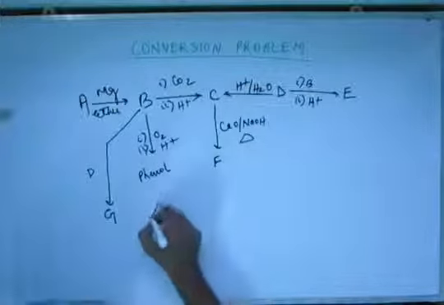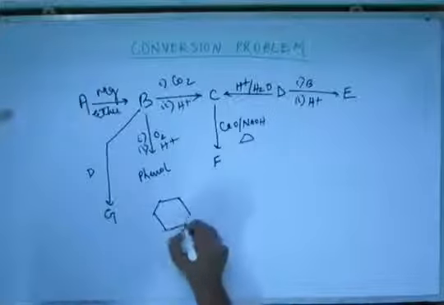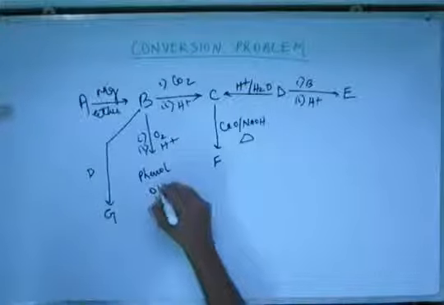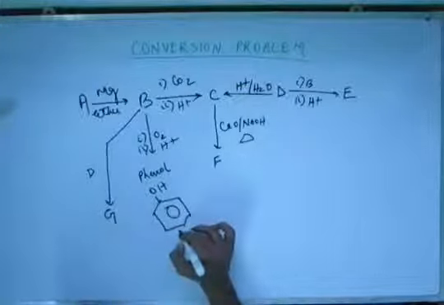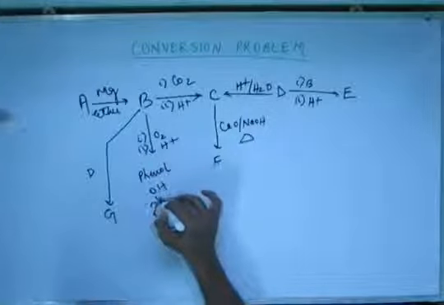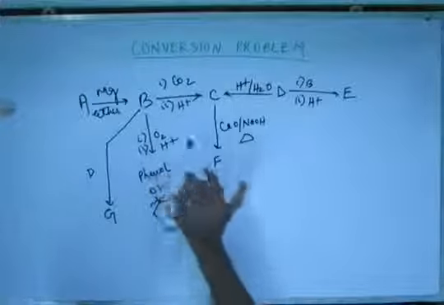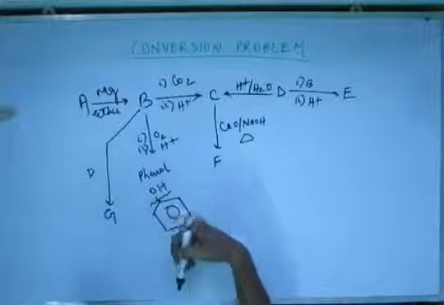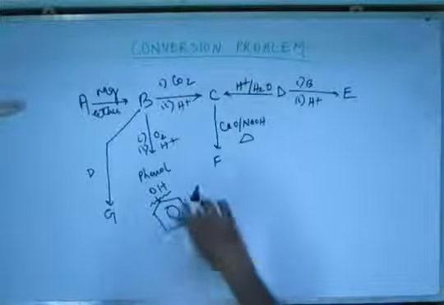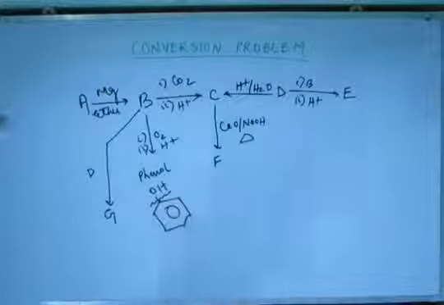Now the structure of phenol is this. In B you are not having this OH. This OH is added due to this reaction, this reagent that you are adding. So in B you'll have the rest of the part except OH. This rest of the part will serve the purpose of R minus in the Grignard reagent.